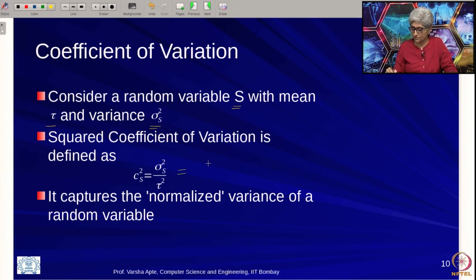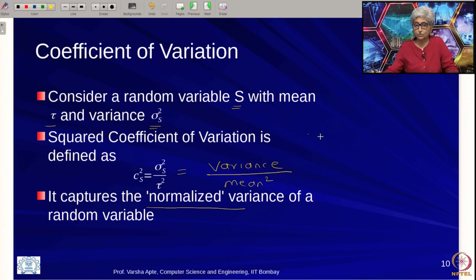What is this? This is basically variance by mean squared. Why is this particular metric useful? It is basically a normalized metric of variance. Let me give an example.